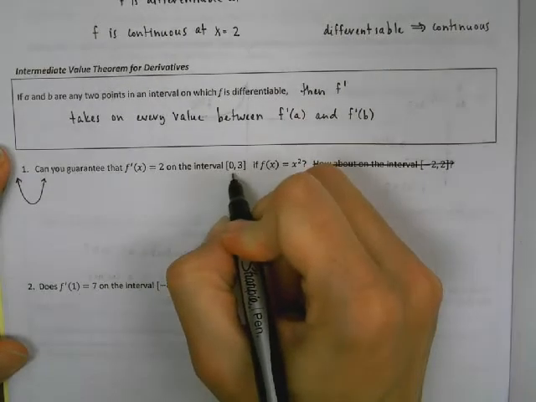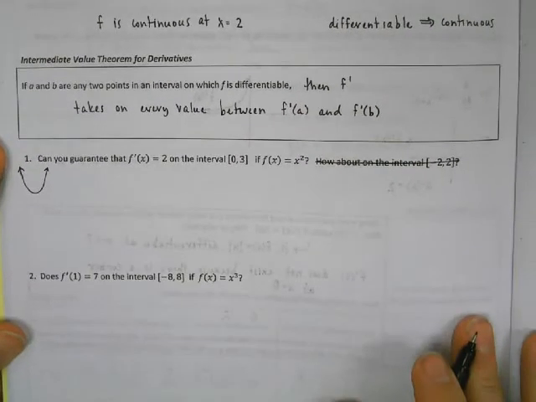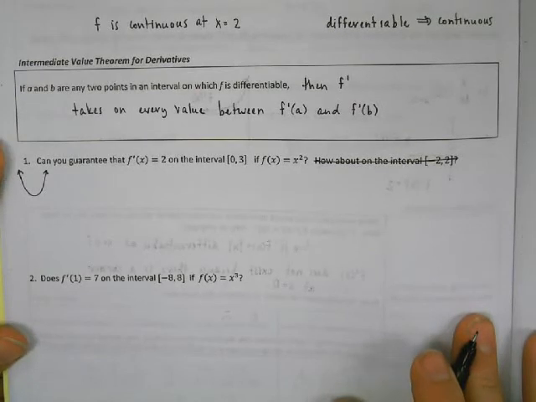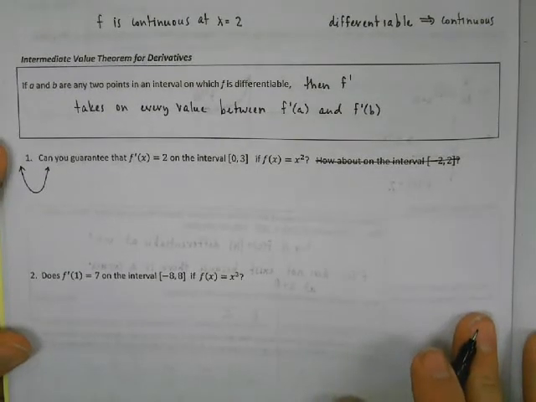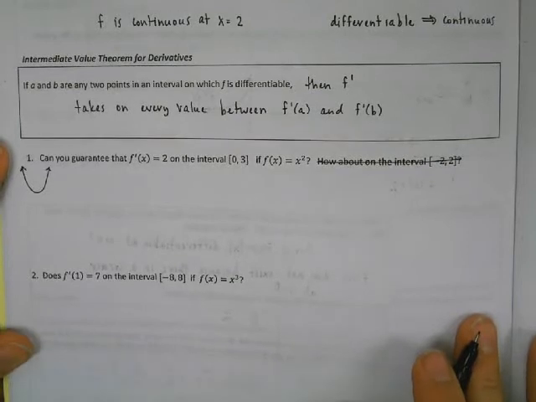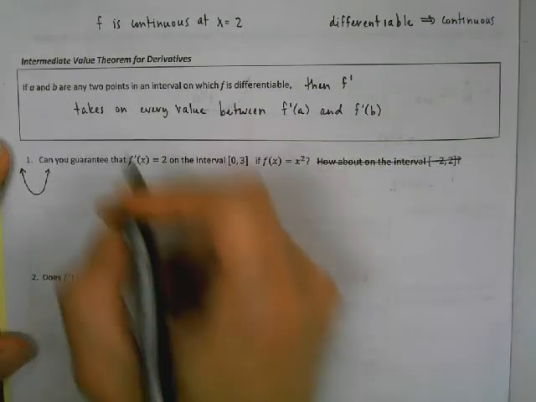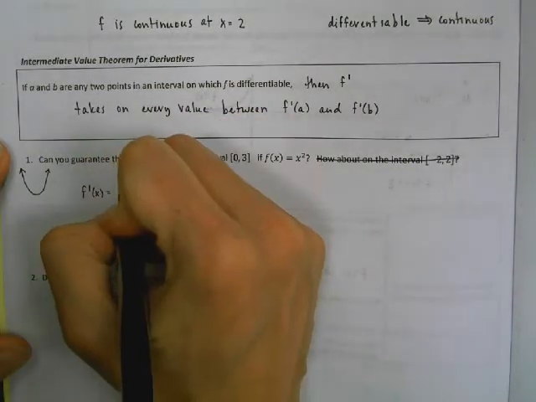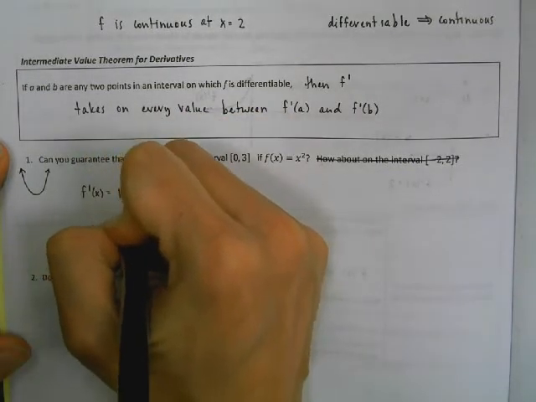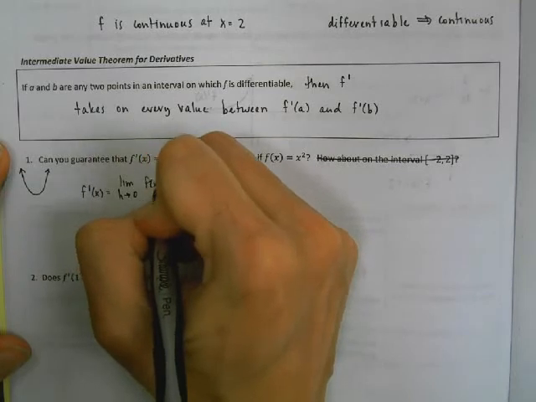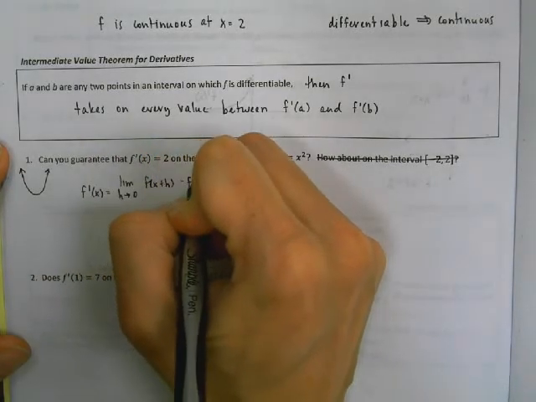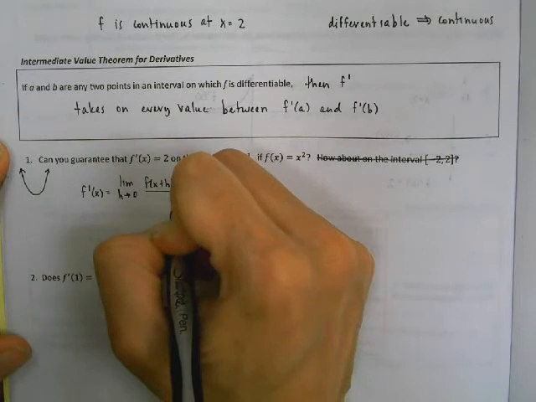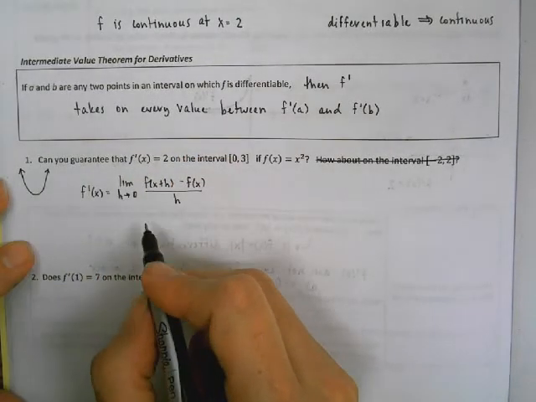So since ultimately I need to find 2 separate values for that derivative, I'm going to use my general formula for finding a derivative, and then I can just plug the 2 values in. So I want to find f prime of x, and my general formula is the limit as h approaches 0 of f of x plus h minus f of x over h.